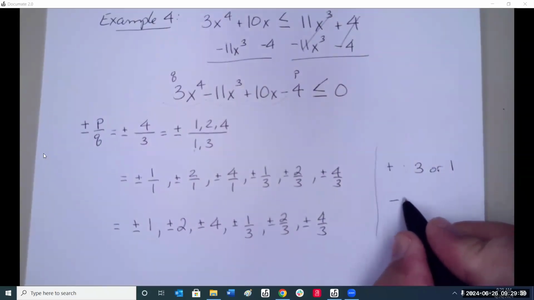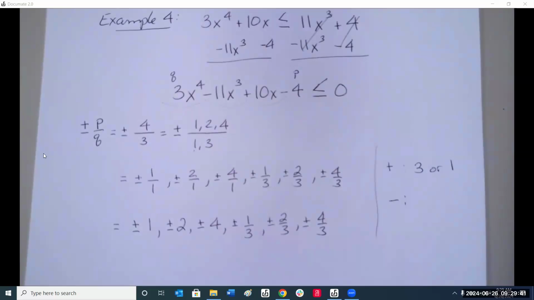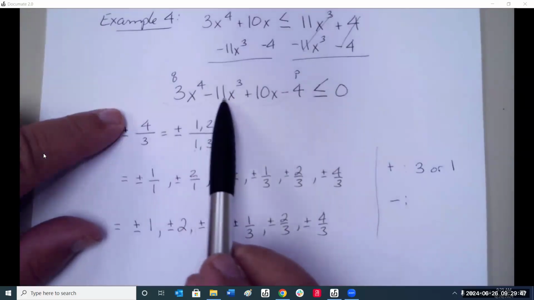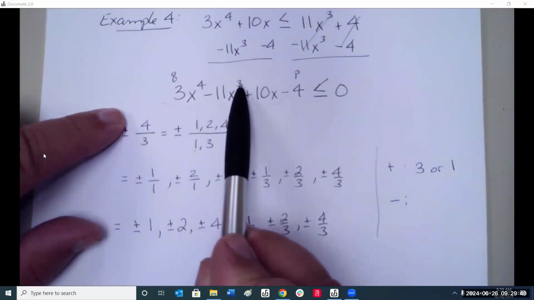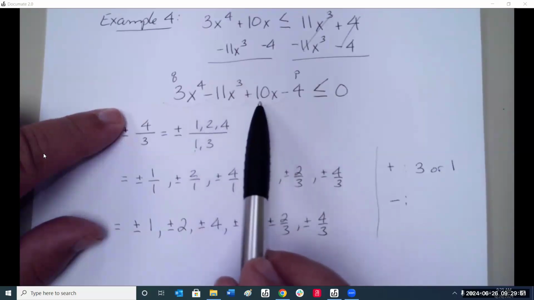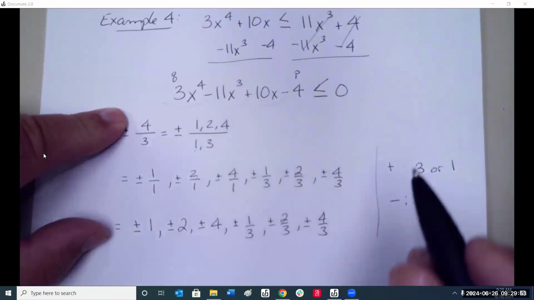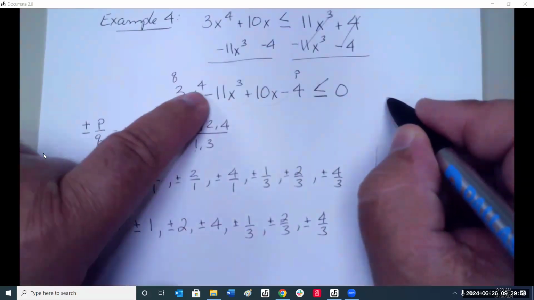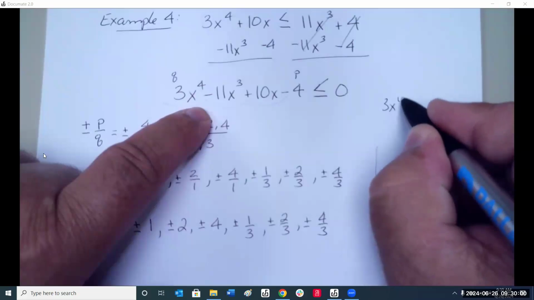How many negatives? What do we do to count the negatives? Pretty much a shortcut for this: if it has an odd exponent, just change the sign in front of it. So for the negative, that's a positive one, so it's 3x to the 4th.